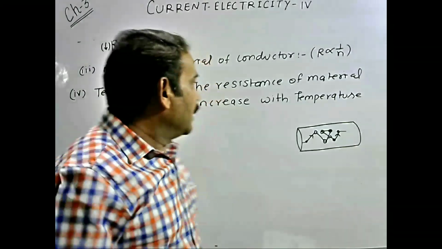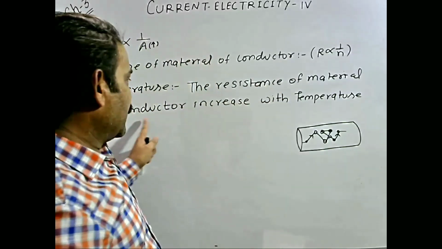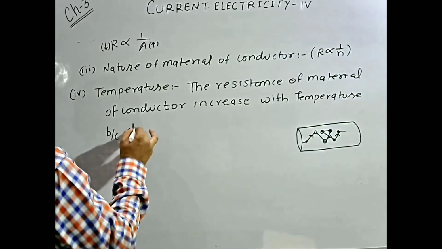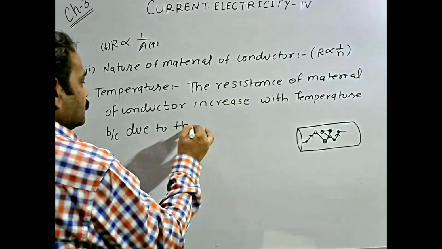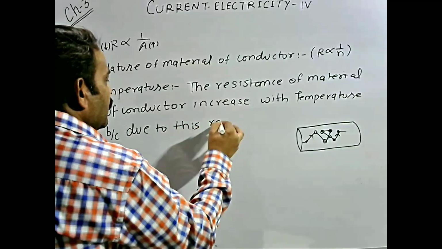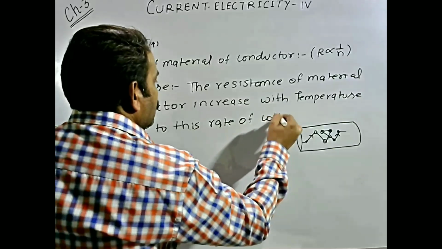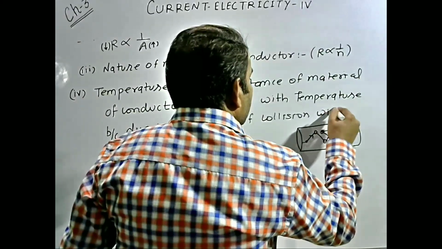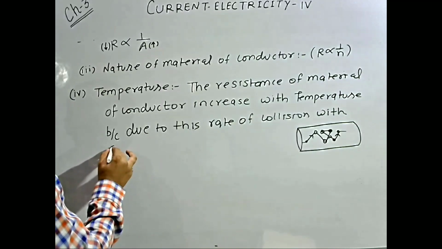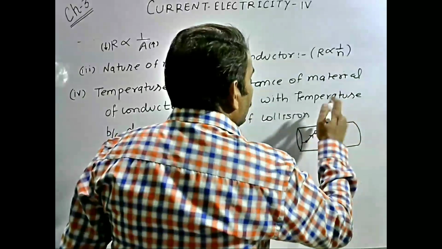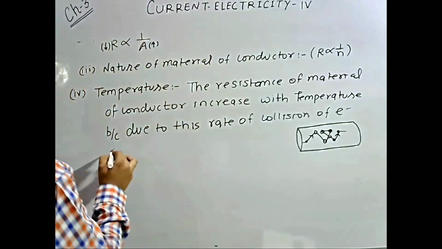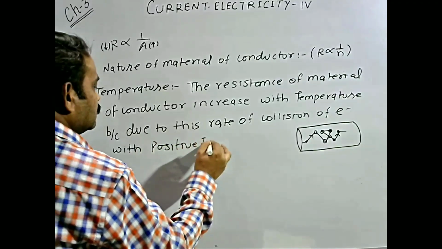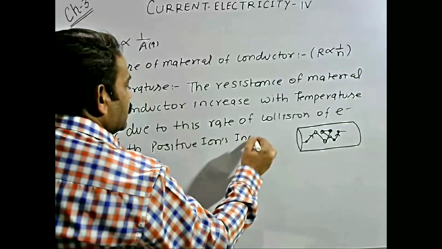So you understand? Here the resistance of material of conductor increases with temperature, because the rate of collision of electrons with positive ions increases.